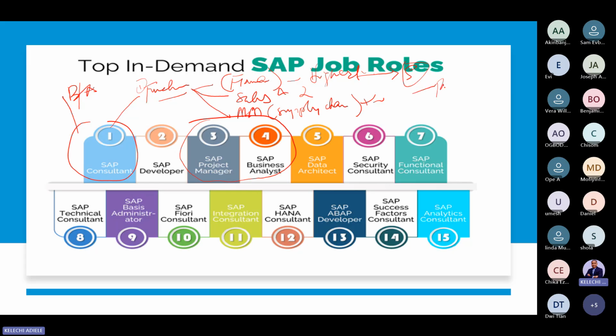So we have functional and we have BAs because we have realized that functional consultants do not possess the skill set that BAs have to actually manage projects. Functional consultants are system focused, while BAs are project focused.